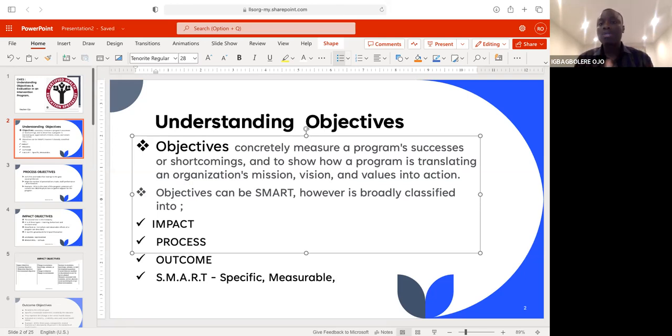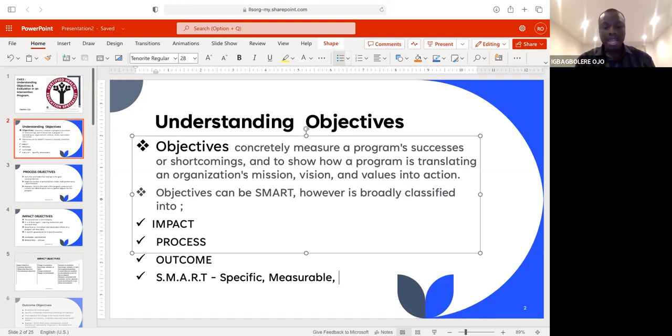Every single objective in an intervention program must be measurable. If it is not measurable, it is not an objective. It is that simple. If what you have written down as your goals for a program cannot be measured, has no unit of measurement, has no unit of analysis, then it is definitely not an objective. Let's get that out of the way.